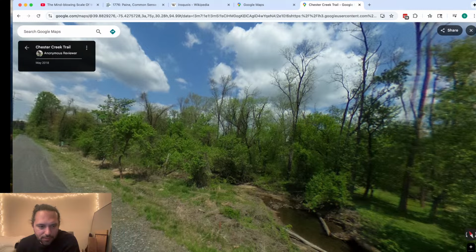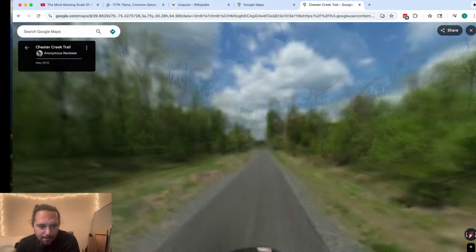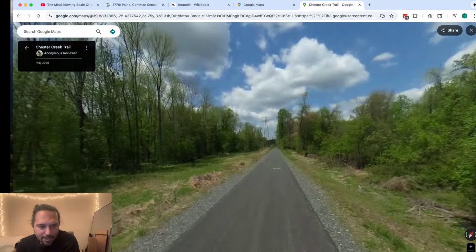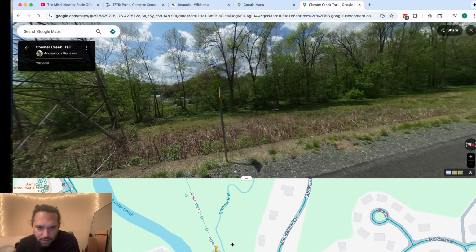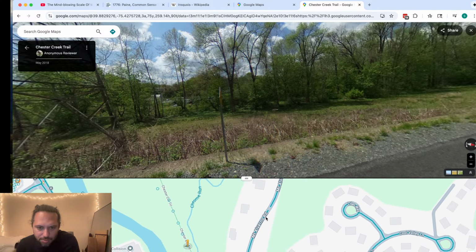Let me expand this. Well, first of all, let's see what's up here. Okay, so we've got high ground on that side of the road. And this house might be sitting on native land.